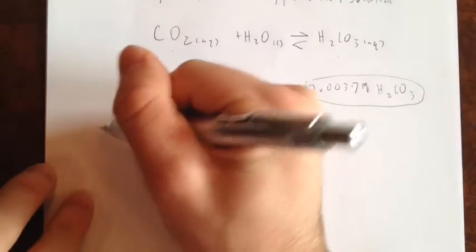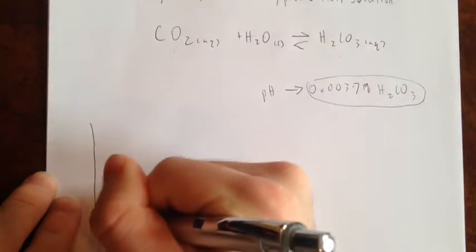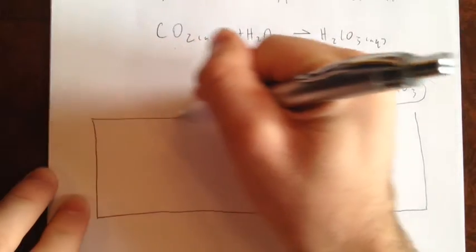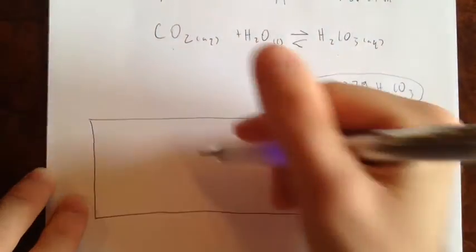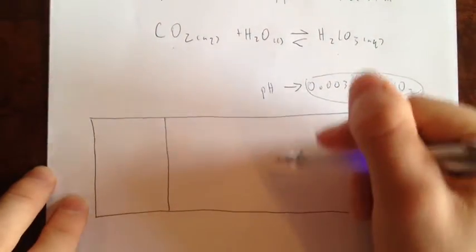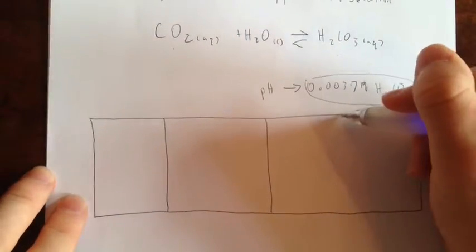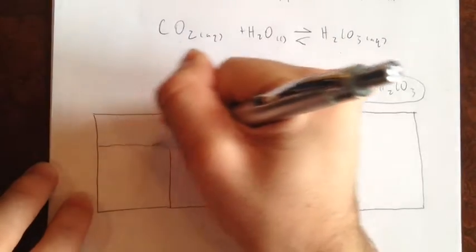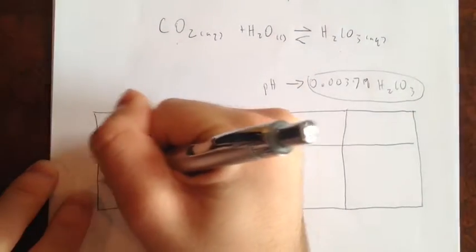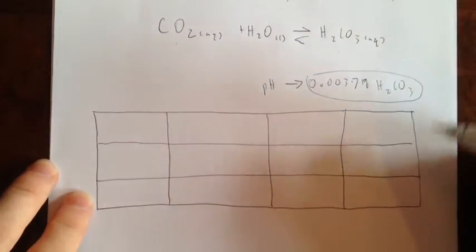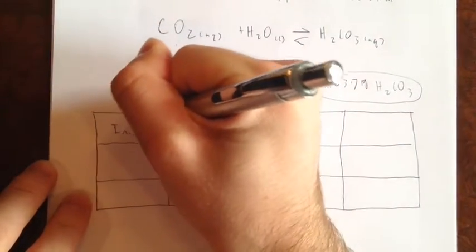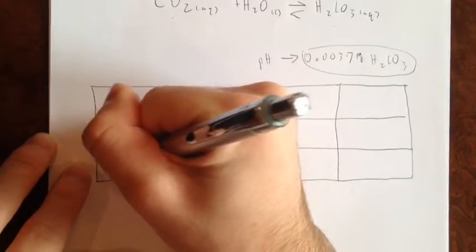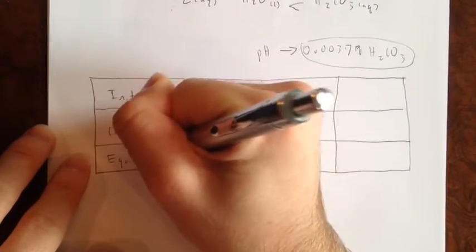In order to solve this problem, we must make an ICE box. Over here, we have the initial concentrations, the change in concentrations, and the equilibrium concentrations.